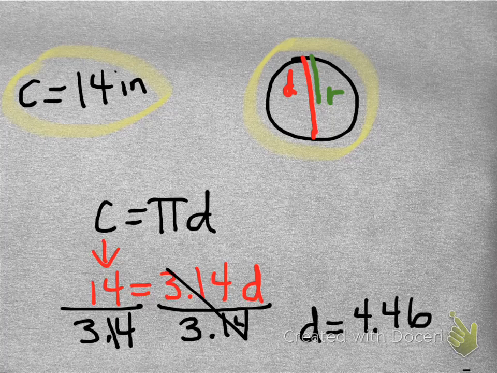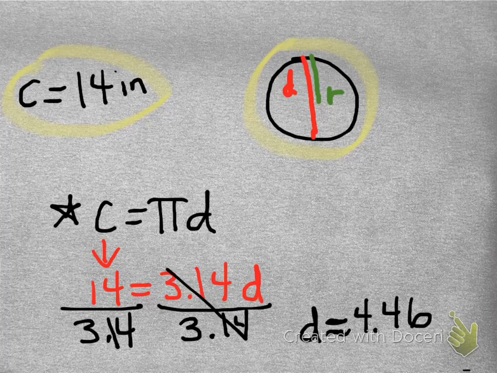And remember, I say about because pi is about 3.14. So you're going to see a little squiggly equal line. Again, it's just plugging in the numbers you know, but knowing which formula to use.